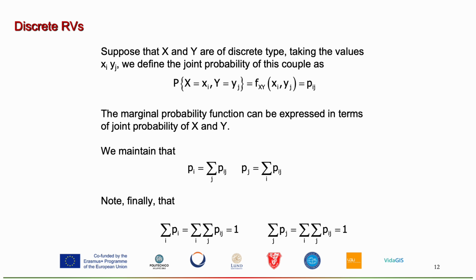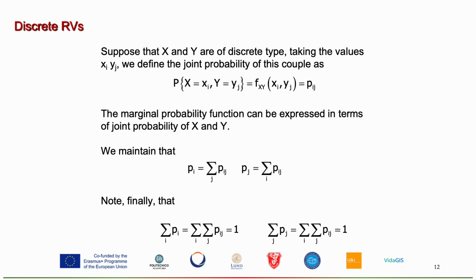Now the marginal probability function, in this case, can be expressed in terms of joint probability of x and y. So we have that the probability of x equal to x_i is equal to the sum over j of all the p_ij. You take all the possible values of j, you compute the sum of the probability p_ij, and you obtain something that is a function only of x_i.